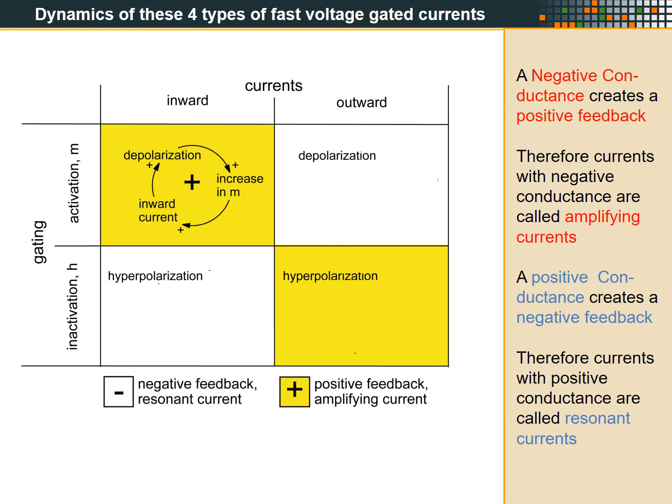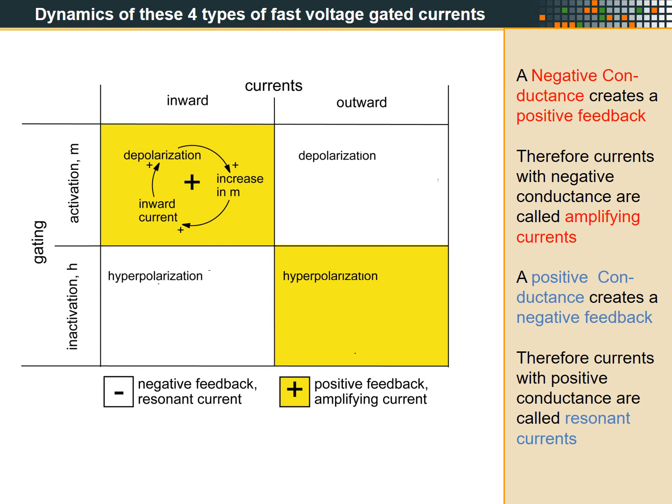So to study now if that is a self-amplifying loop and therefore associated with a negative conductance, or whether that is a loop that is self-terminating and therefore associated with a positive conductance, requires us to study the sequence of actions and consequences that a depolarization will induce.